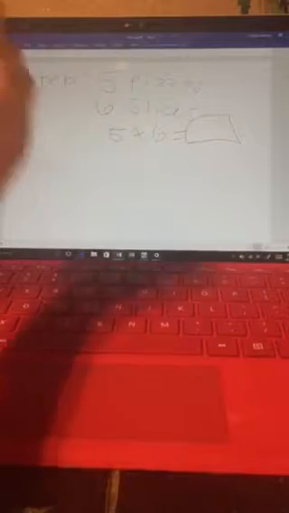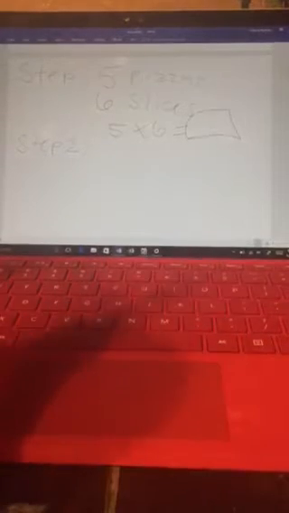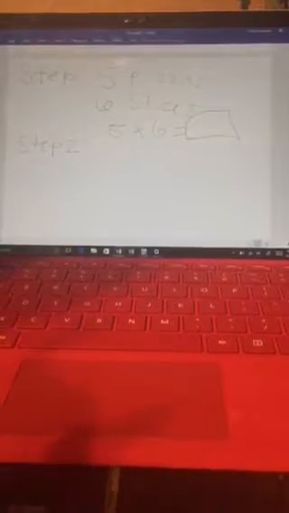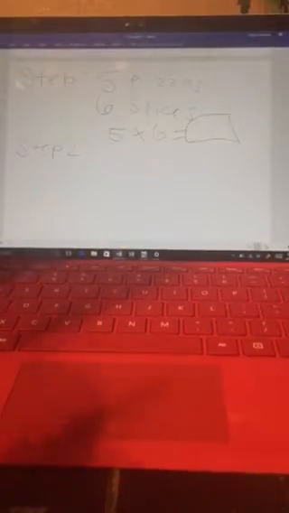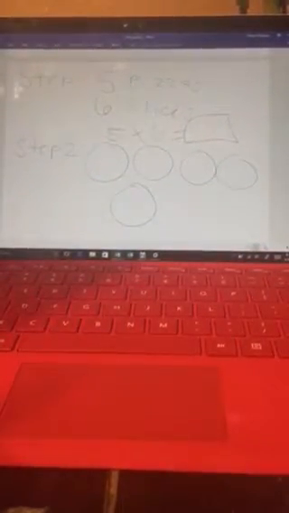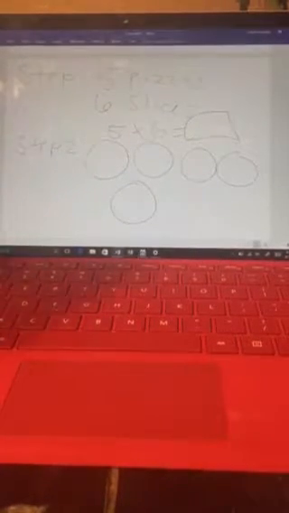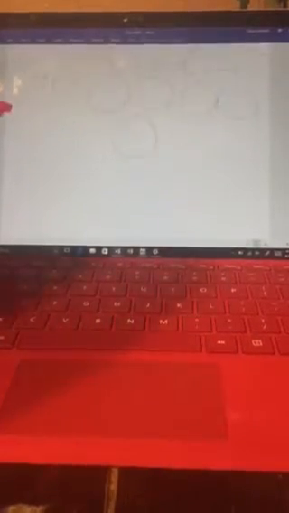My second step would be to determine my groups. So my group in this example would be my pizzas. So I have 5 pizzas, so I'm drawing 5 circles for my pizzas. And you don't have to draw circles, you can draw pizza, you can draw whatever you want, but you just need to know that that indicates your group. Step 2 is done.